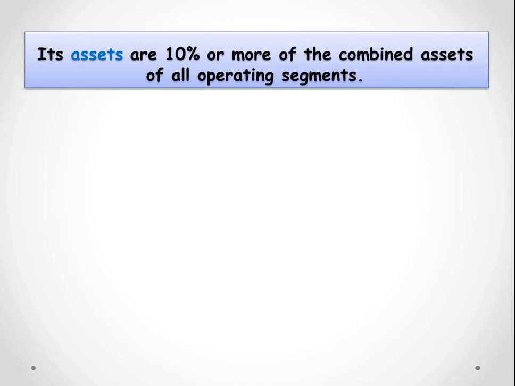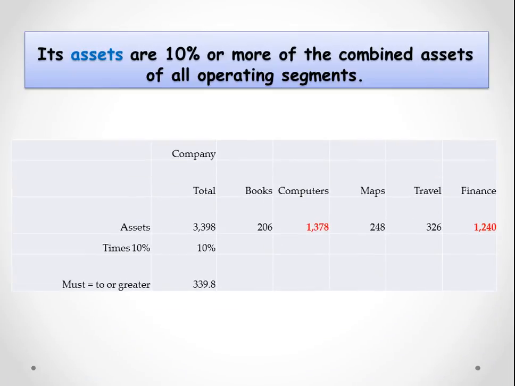Now we're going to look at 10% of the combined assets. In this case, we take it times 10%, and we know that anything above 339.8, computers and finance would be included, but we haven't added the only one we're not reporting, which is books.